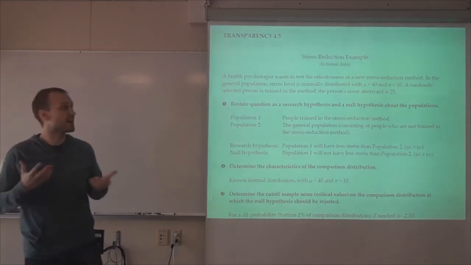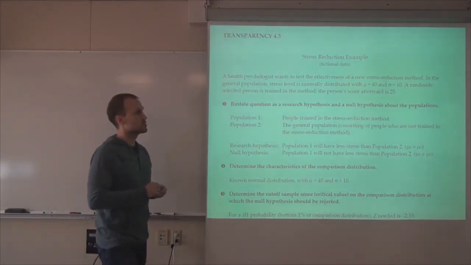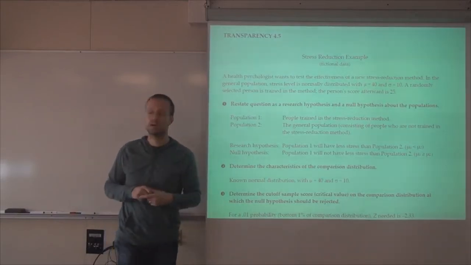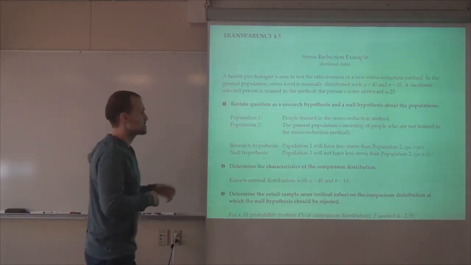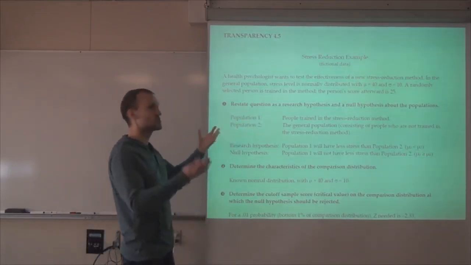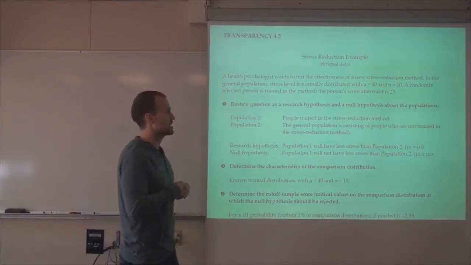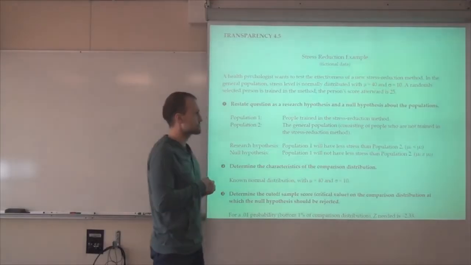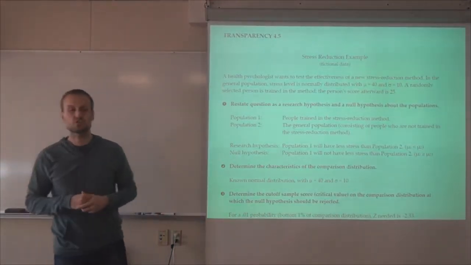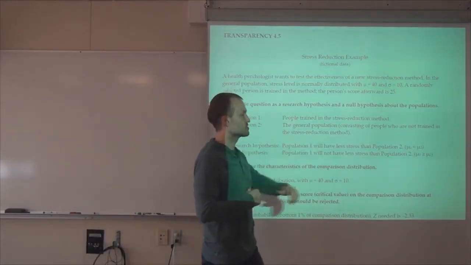Is it extreme enough to say that this is significant evidence to suggest that the stress reduction method is effective? So our population 1 is people trained in the method. Population 2 is our original population without any training or effect. With my research hypothesis, I'm hoping that population 1 will have a reduced stress.